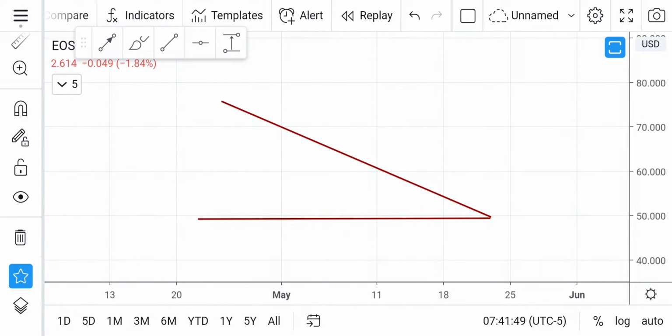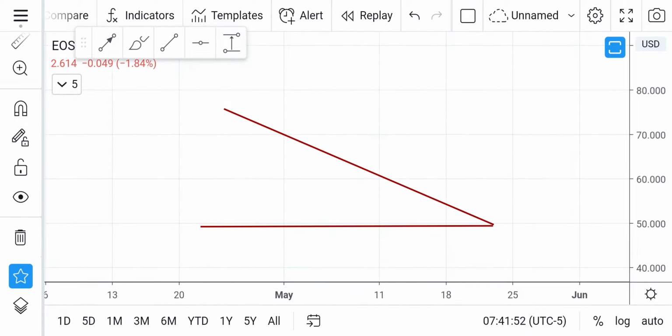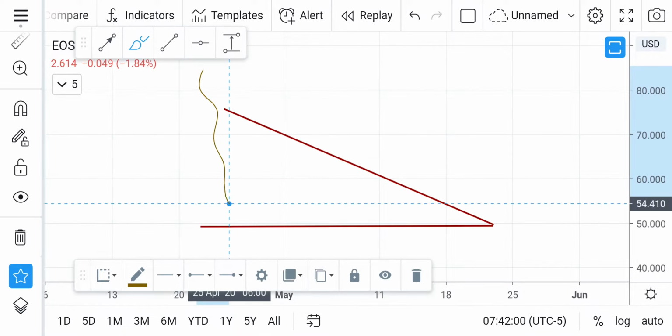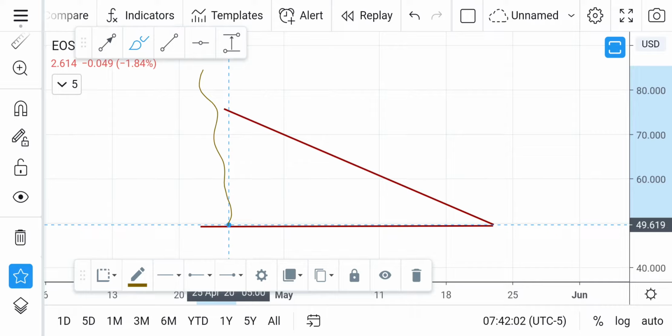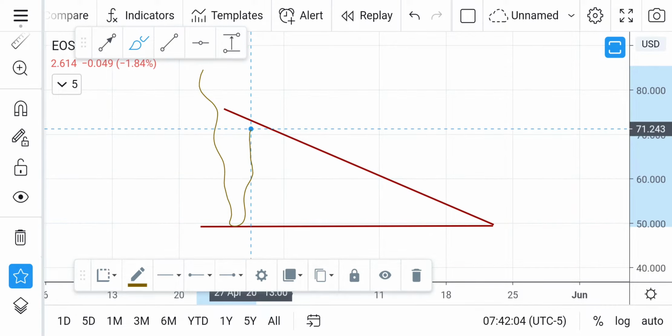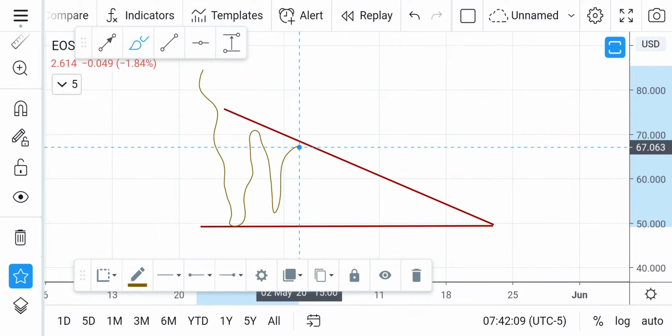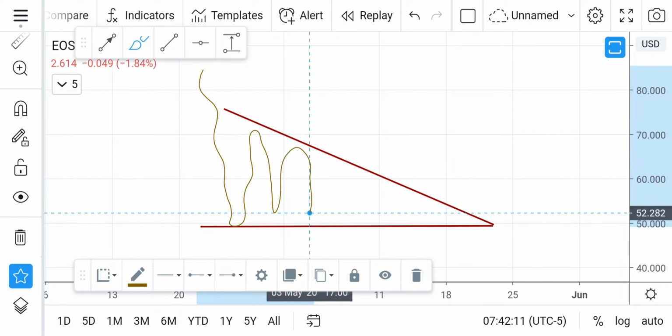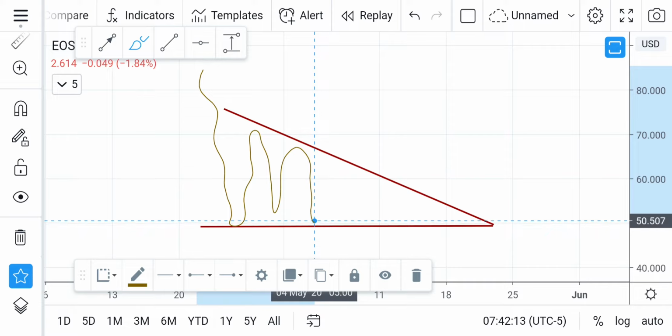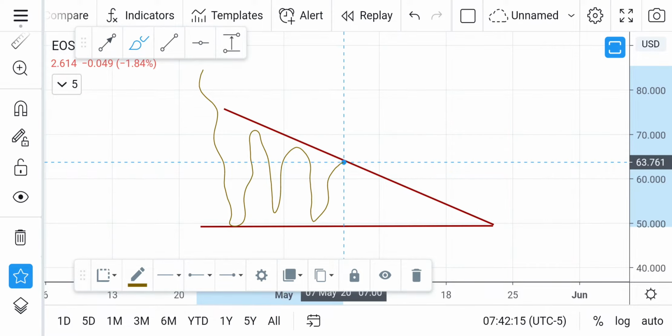What is going to happen is that for the descending triangle, the price is going to come like this towards a support, then bounce back, then come down, then bounce back, make a lower high, then come down to support, bounce back, make a lower high again.